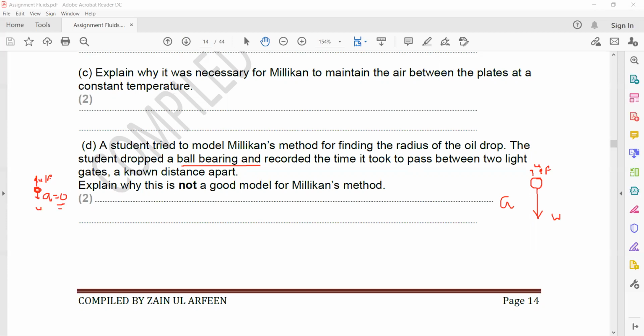And when the ball bearing is moving, the condition when we apply Stokes' law is that the fluid flow around the object should be laminar. But what happens when the ball bearing's speed increases is that the fluid flow around the object becomes turbulent. Like when you're driving a car at say 30 kilometres per hour, you don't feel too much air.